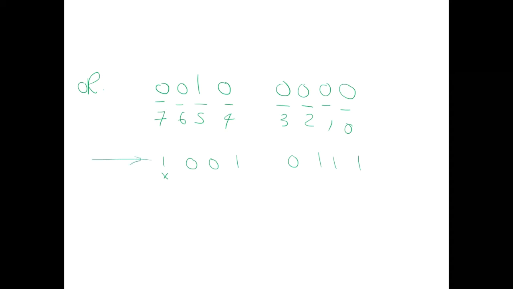If those other pins were already set to these values, then if we OR, the resultant would be 1, because 0 ORed with a 1 gives us 1. 0 ORed with a 0 still gives me 0. 1 ORed with a 0 will give me a 1, and this is our pin of interest. This 0 ORed with this 1 would still give me a 1. This would still be a 0. This would be a 1. This would be a 1. And this would be a 1. Does that make sense? So we're not doing anything to any of these.